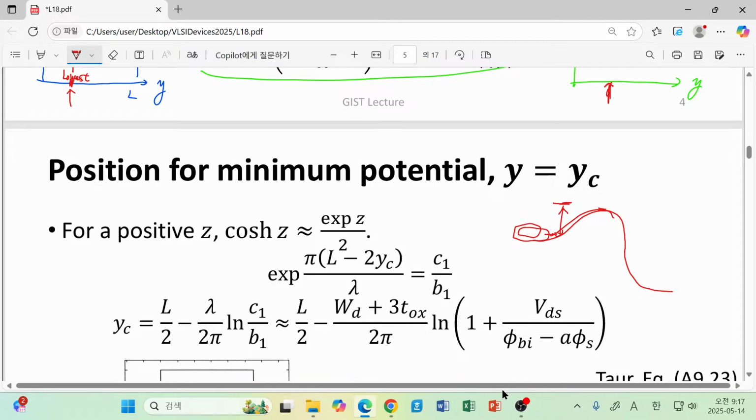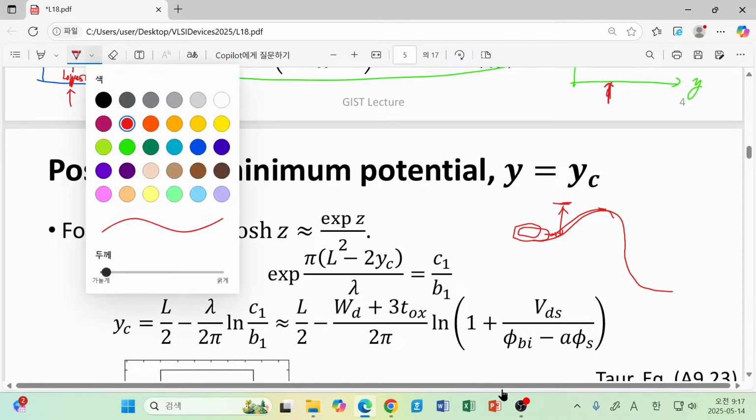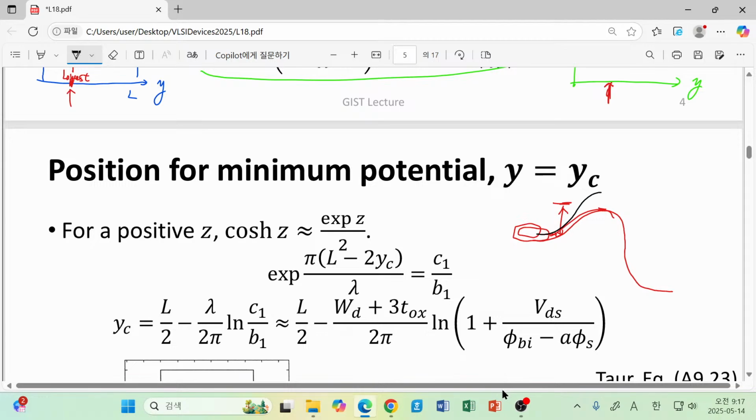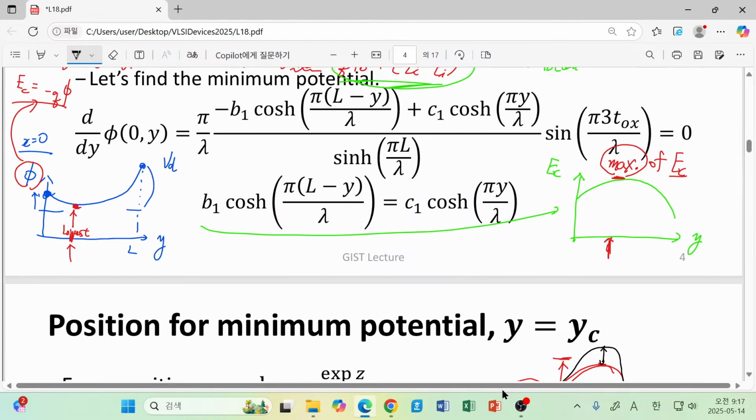So if instead of this red rail we introduce, for example, this black rail, then what will happen? Actually, the energy which should be supplied from our motor system is increased by the amount of this height difference. So simply speaking, this maximum energy of our EC value can be regarded as a potential barrier.